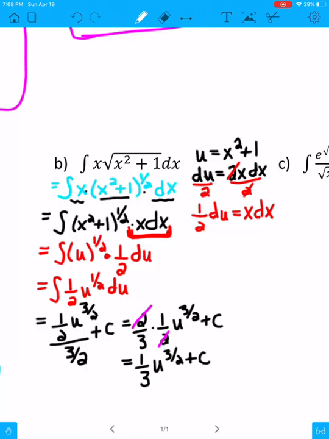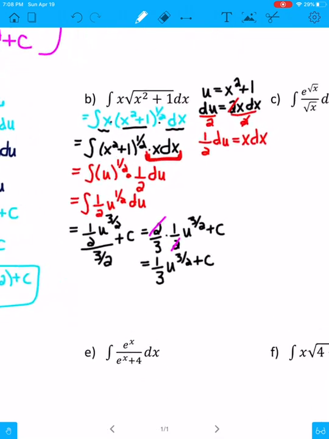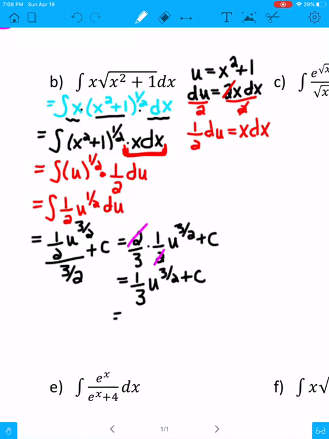But I can't keep it with the u, I have to replace the u. So I'm going to get 1/3. u is actually x squared plus 1, to the 3/2 plus c.